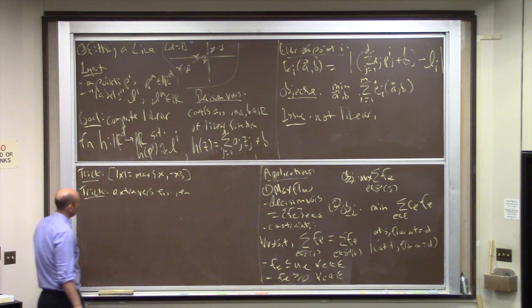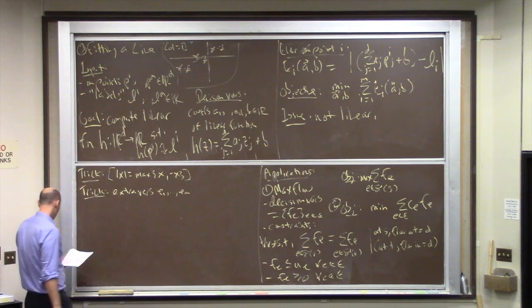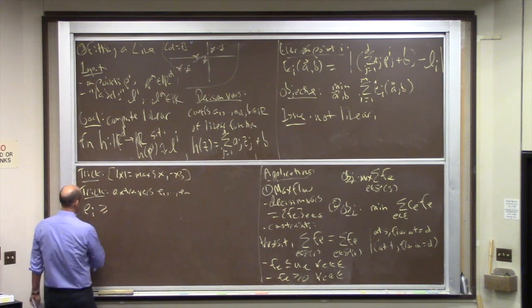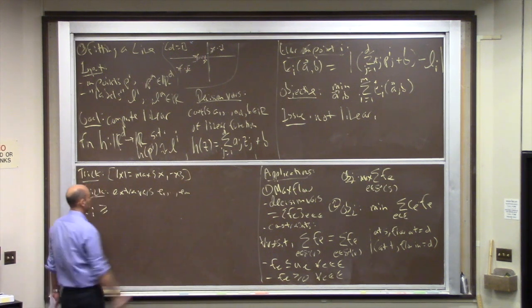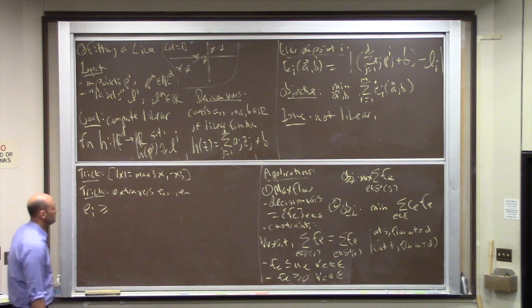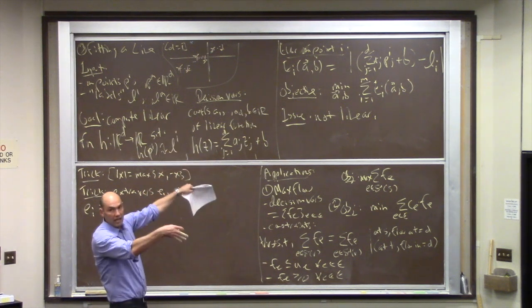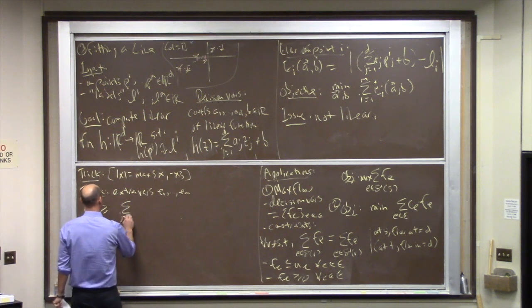And the way that we enforce that is by adding more constraints. Basically, we're going to have two constraints, one for each of the two possible cases that determine the absolute value. So let me just take the definition of capital E_i, remove the absolute values. So it should be at least that.